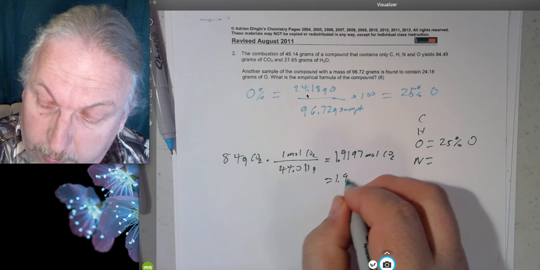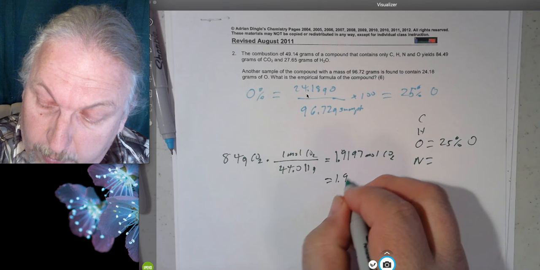So now if we divide that by the total, which is 49.14 grams of total, that's going to give us the percentage times 100 of carbon. And if we do our math, we're going to get 46.92%. So now we can put that up here.